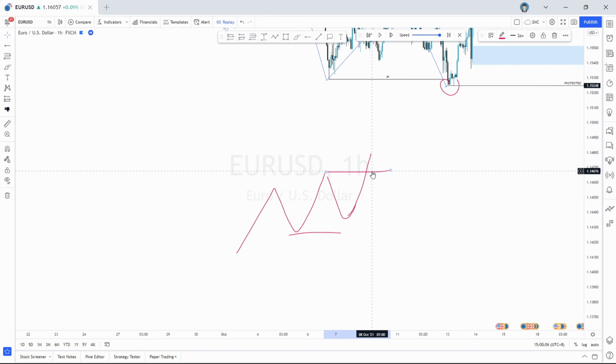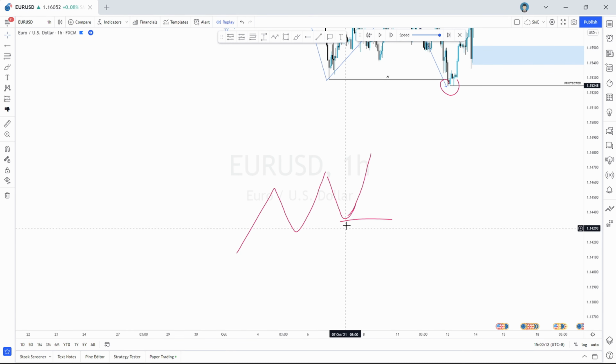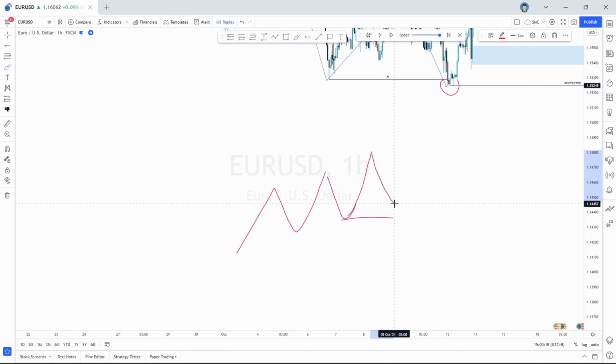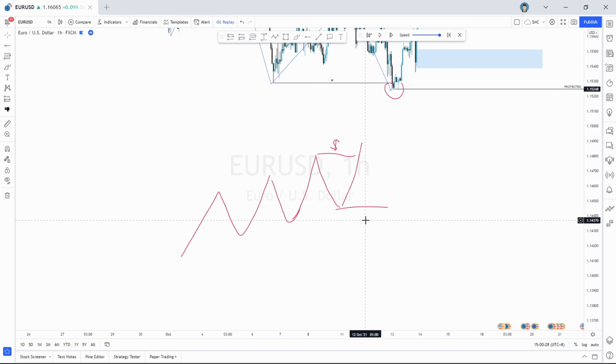After price hits that target zone, we can move our protected markups to this point over here. Since we want price to continue to the upside, price does a pullback, mitigates demand zones, continues to the upside, hitting our target or the liquidity high, then we move our protected low over here.